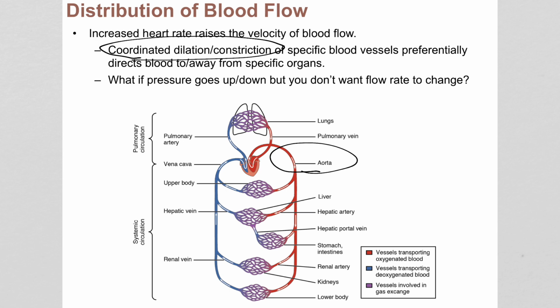But all these other organs, livers and stomach and kidneys and muscles and whatever it might be, any of these can either constrict or dilate as needed. So if you're digesting a meal, just relaxing, you would expect blood vessels to the GI organs to dilate. If you're exercising, you would expect them to constrict and the muscle arteries will dilate. That lets you shift blood where you need it, when you need it.